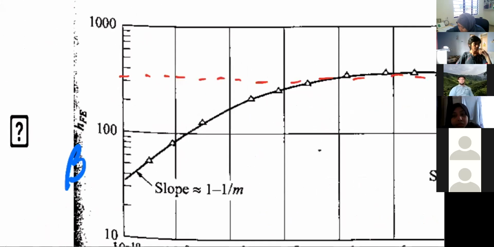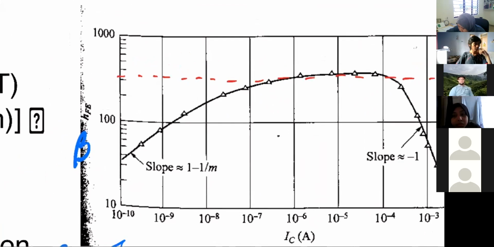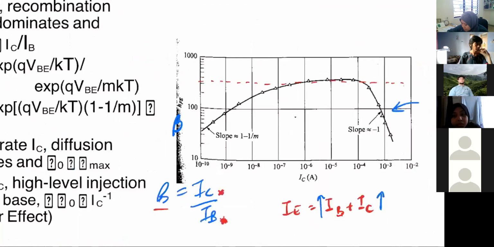Do you understand what recombination current dominates means? Kita hari tu tak pernah cerita dah recombination. Pernah saya cerita recombination current? Ke tak?